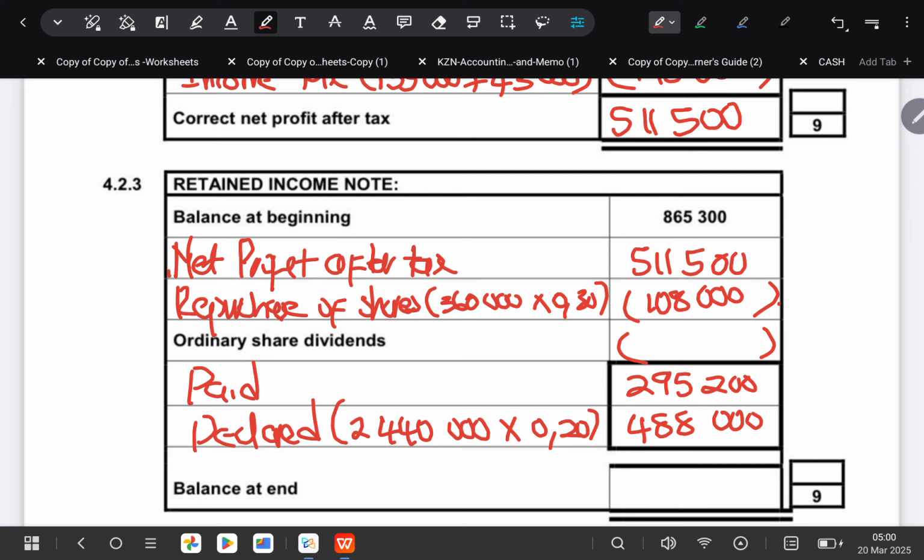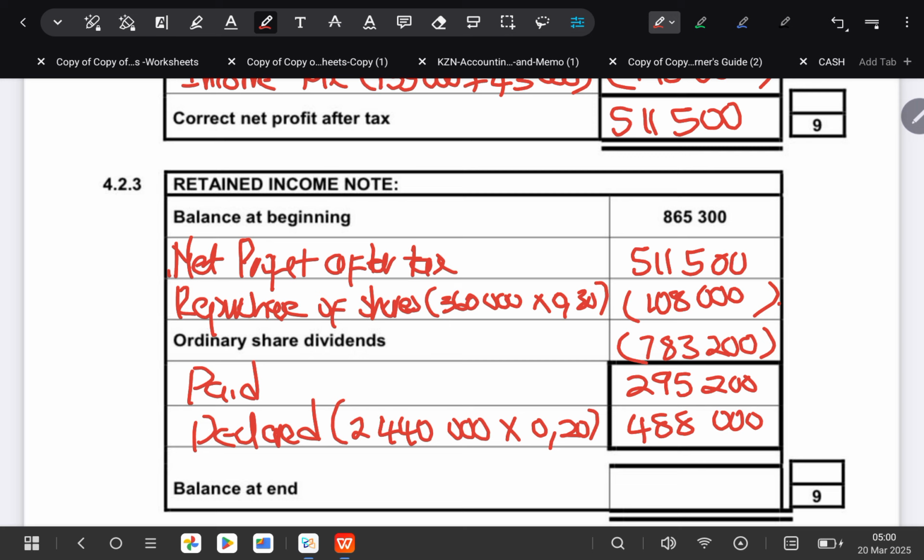So our paid was 295,200. You'll say plus 488,000, which is going to give you 783,200. Then you get your retained income at the end of this.